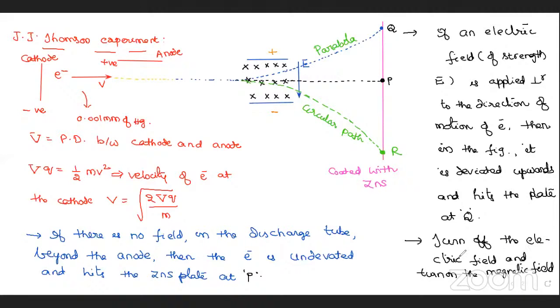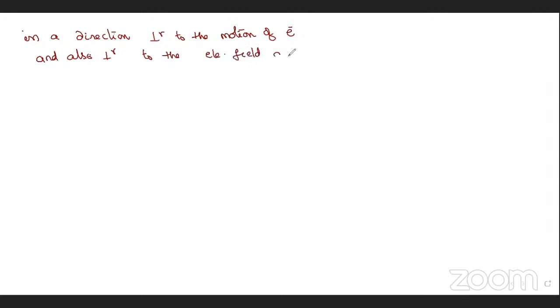Okay, in the circular path, here I am writing: turn off the electric field and turn on the magnetic field. Turn on the magnetic field in a direction perpendicular to the field lines, perpendicular to the motion of the electron, and also perpendicular to the electric field applied previously.